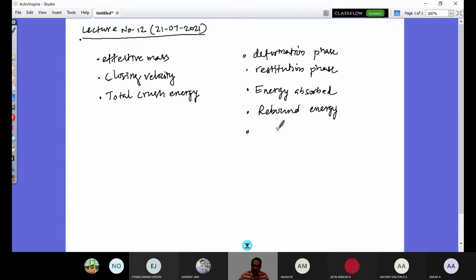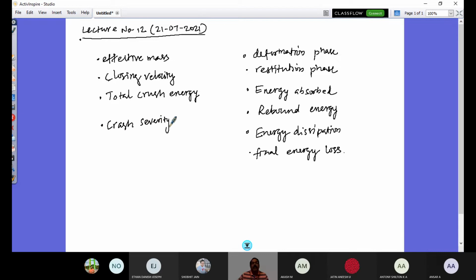And we will see what energy dissipation is, or what is called final energy loss. These are what we are going to harp upon, so that we will be able to predict what is called crash severity. These are the keywords that you should always be aware of.